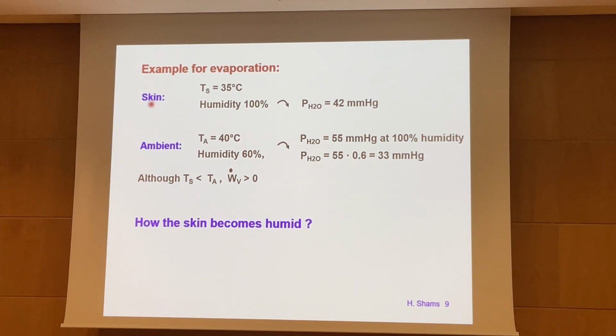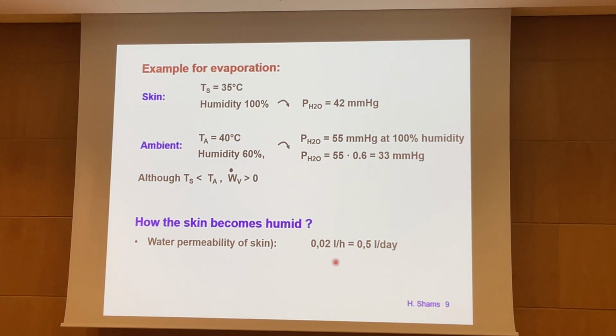Okay, how does the skin become humid? It must become humid to evaporate the water. And that happens by water permeability of the skin, and that permeability is 0.02 liter per hour on our skin.